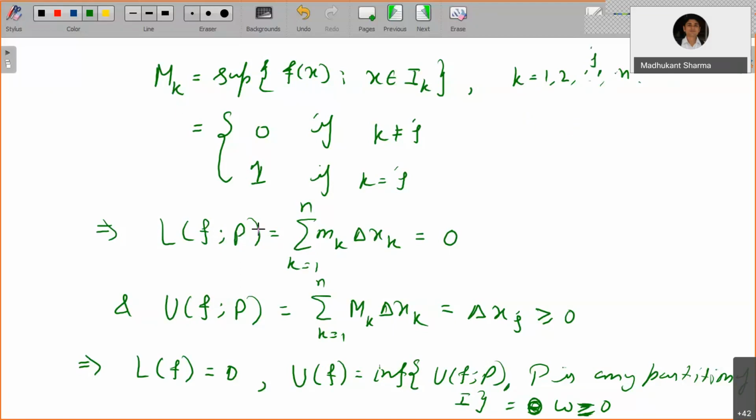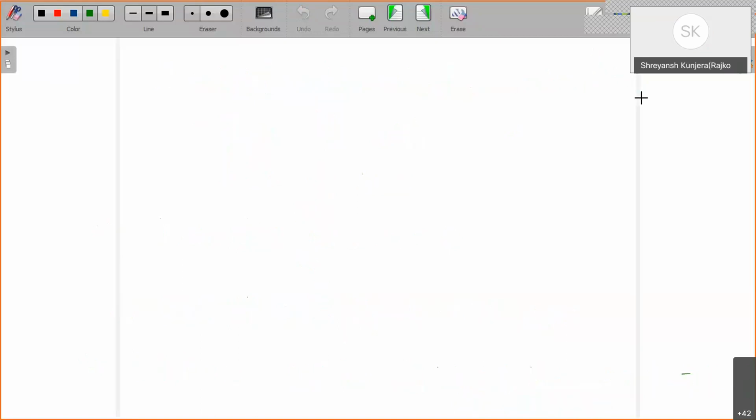You have to fix capital M_1, M_2, M_3, and so on up to M_n. Suppose j equals 1, then M_1 becomes 1 and M_2 to M_n become 0. If j equals 2, then M_1 becomes 0, M_2 becomes 1, M_3 becomes 0, and so on up to M_n, which becomes 0. Did you get it? Yes, sir. Okay, thank you. Right.